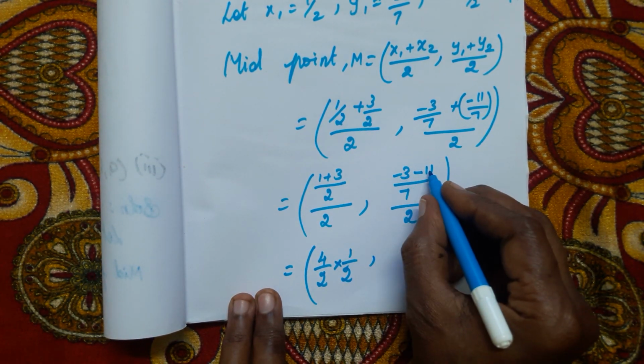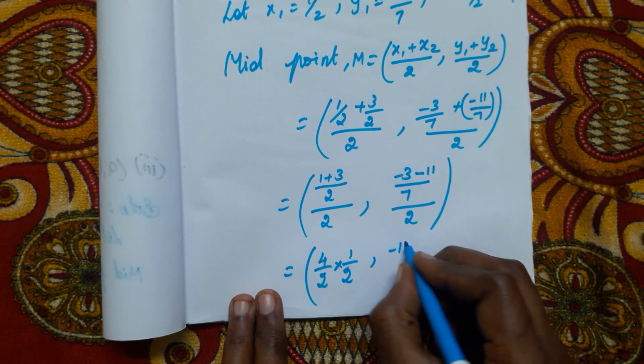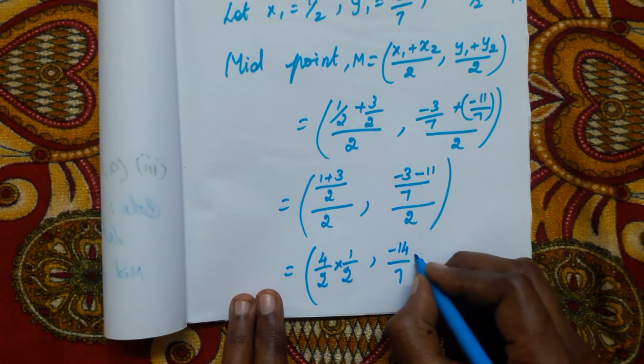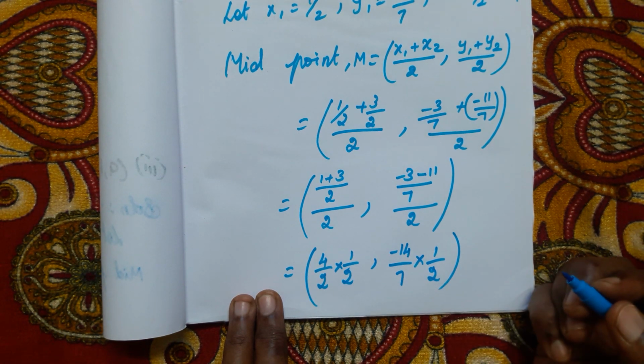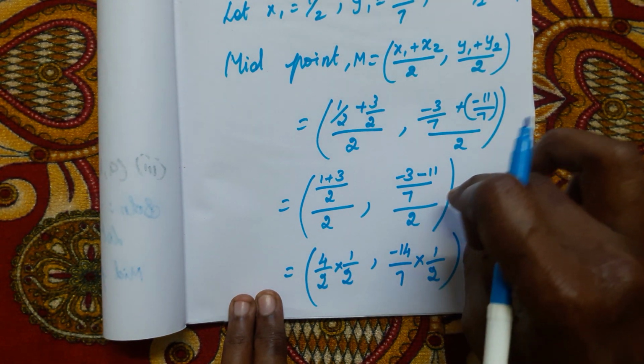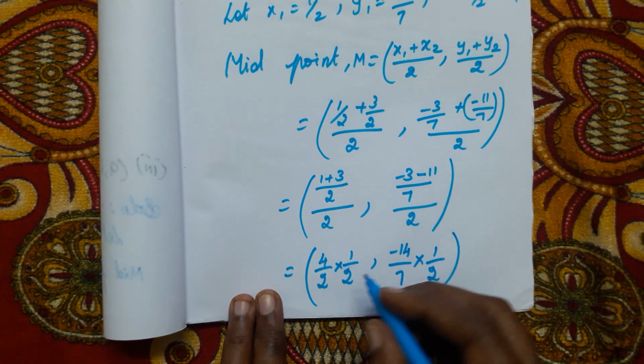Similarly, minus 3 minus 11 is minus 14 by 7. What is the reciprocal of 2? 1 by 2. So we multiply by 1 by 2.